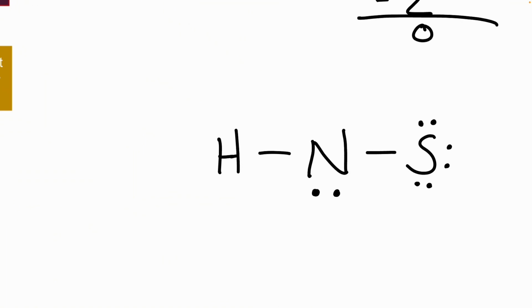So I can take one of these lone pairs from this sulfur and bring it down here to make one of those higher order bonds a double bond. And when I do that, my sulfur still gets to count that pair of electrons towards its octet, but now nitrogen also gets to count that pair of electrons. 2, 4, 6, 8.